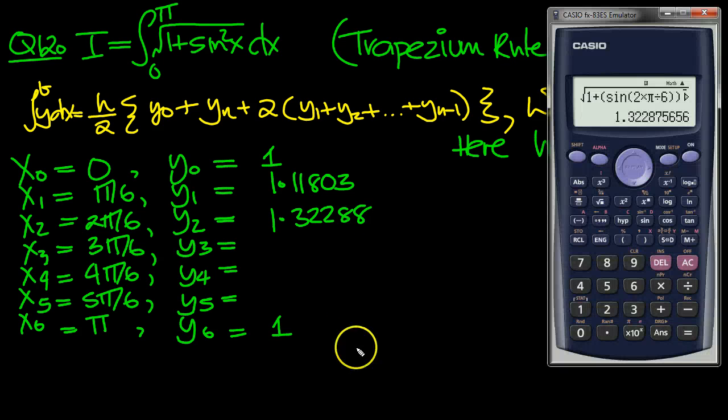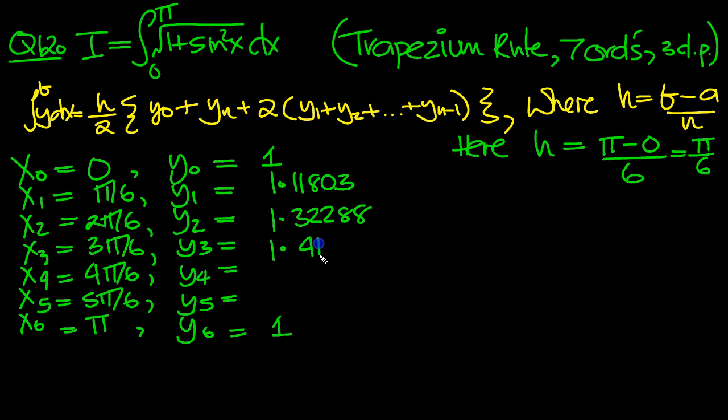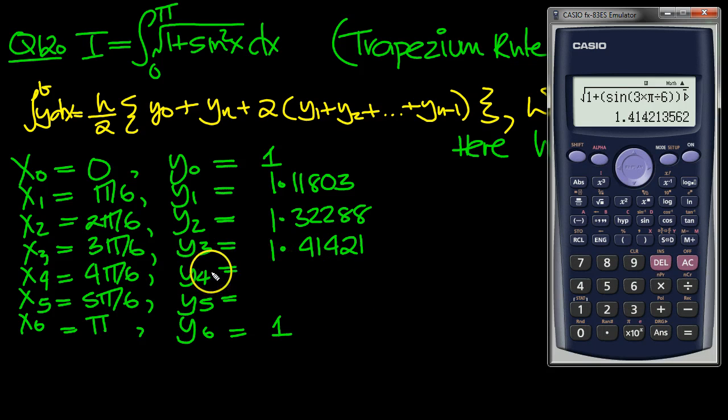1.32288. Now we'll do 3 pi over 6. So toggle back, change that 2 to a 3, and get the decimal: 1.41421. 4 pi over 6, let's put that one in.